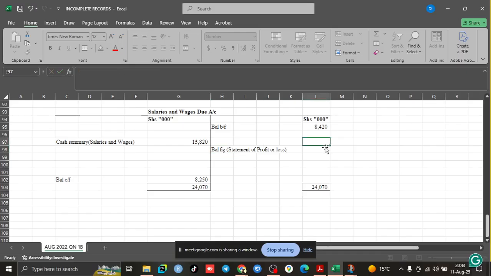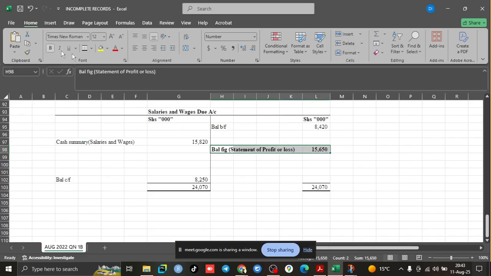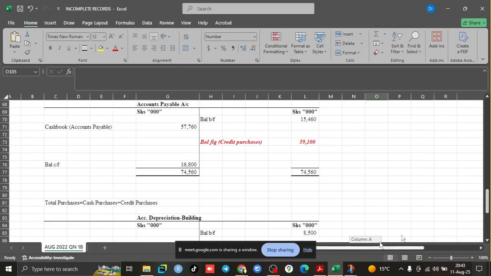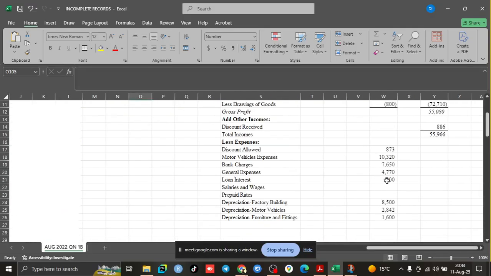So the difference between 24070 and 8420, 15650 ndio tunaipeleka as our salaries expense sasa, because hiyo ndio the balancing figure, what we charged for the year. Yes, tulilipa 15820, but what is the full charge for the year is 15650. So 15650 under salaries.